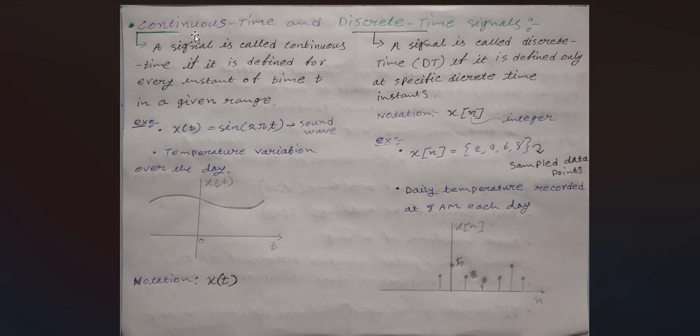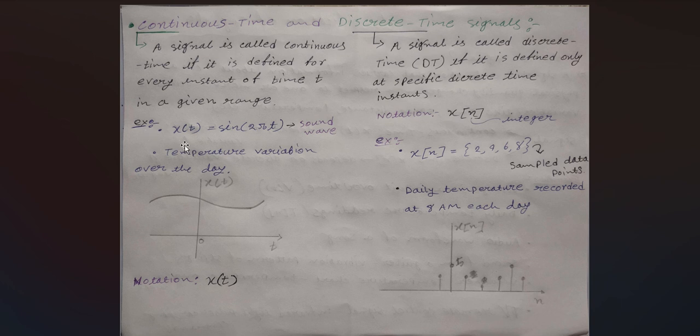The first type of signal is continuous time and discrete time. What are continuous time signals? If a signal is defined for every instant of time t in a given range, then it's called a continuous time signal.